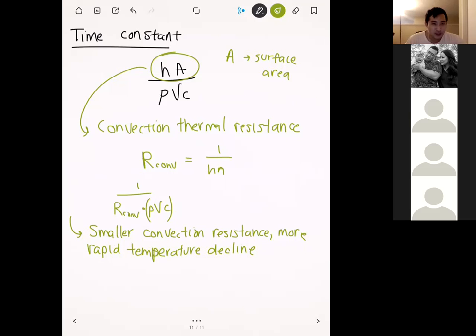Putting it in terms of resistance can be a little bit confusing because you're doing 2 inversions. So let me state it like this.